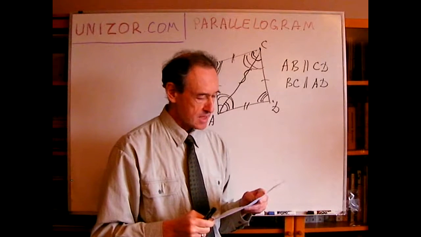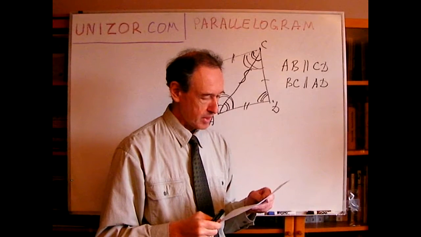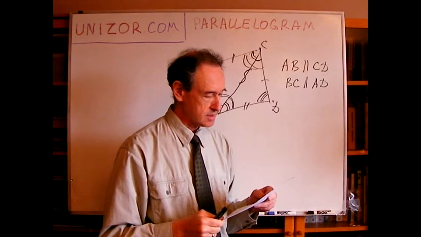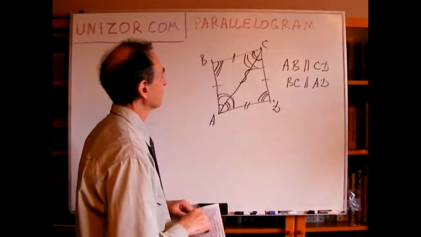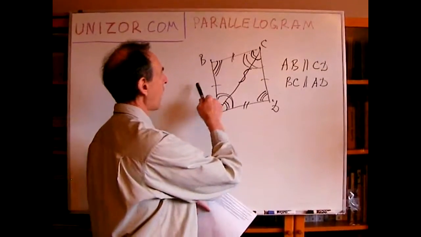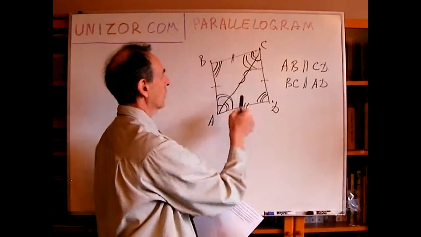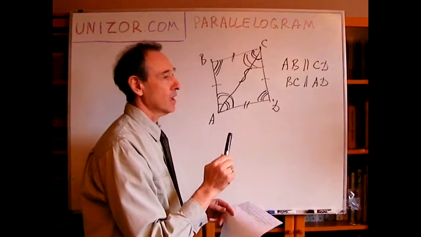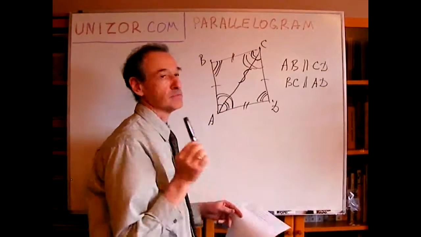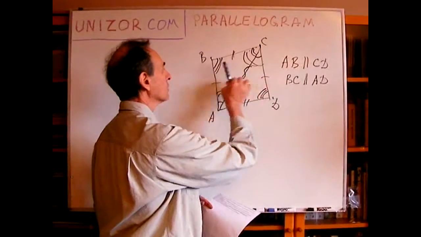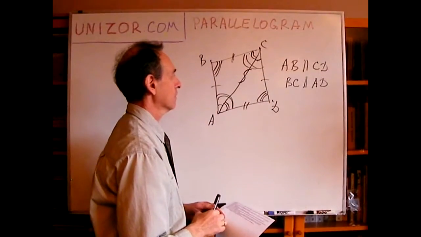If opposite sides of quadrangle are parallel and congruent to each other, then this is parallelogram. Alright, so what we have proved before, if opposite sides are congruent to each other, then this is parallelogram. Now, in this theorem, we have only one pair of opposite sides, but condition is they are congruent and parallel to each other.